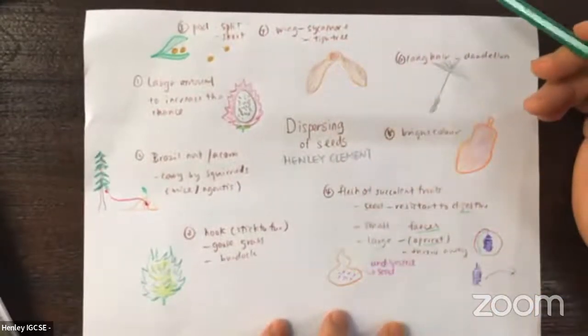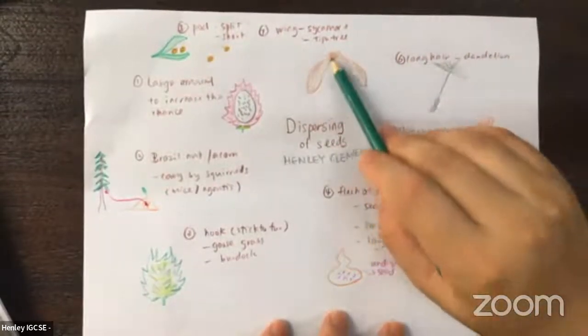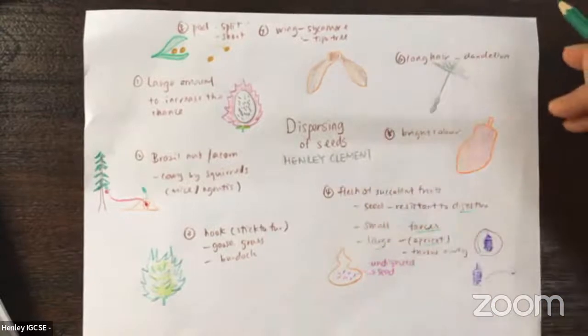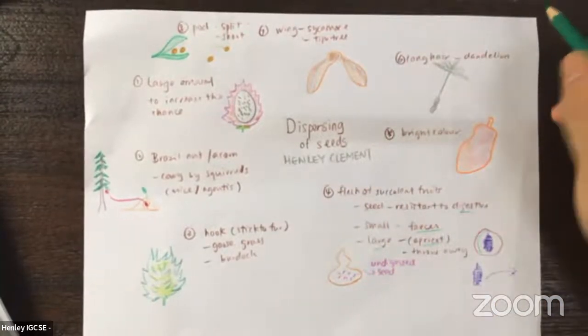Number 7 will be the wing. Some seeds have a wing like this. You can look on the internet to find this type of tree. This is interesting.